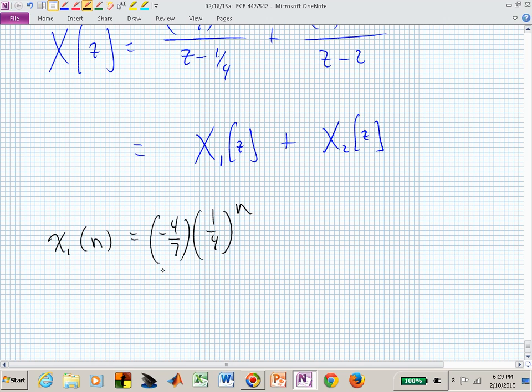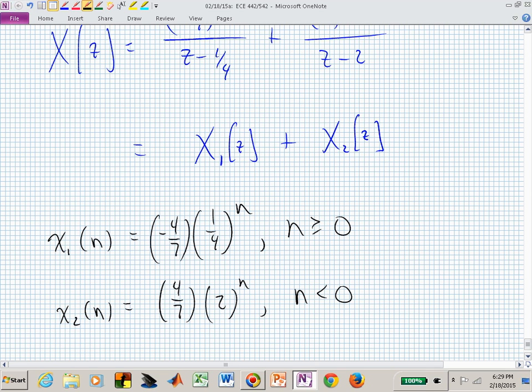It's now minus 4/7, and 1/4 corresponded to the causal piece. This is now for n greater than or equal to 0. Little x sub 2 of n had a scaling of 4/7. It was 2 to the n, and that was the non-causal piece.